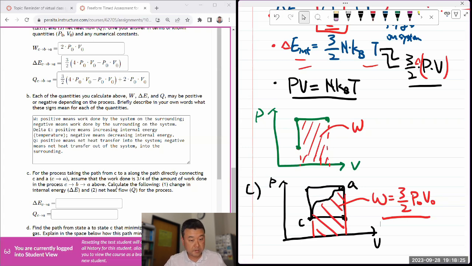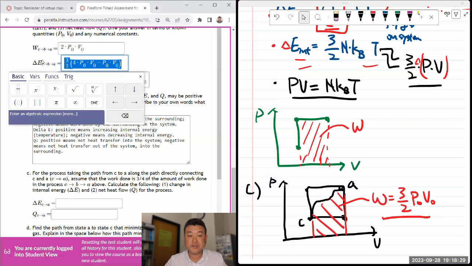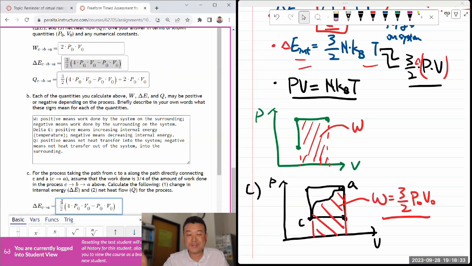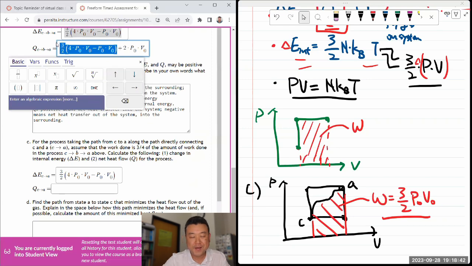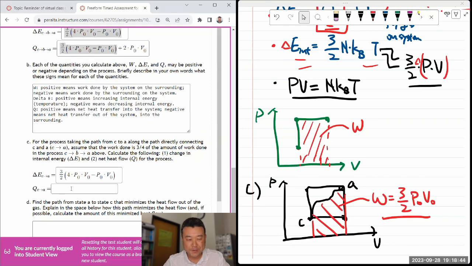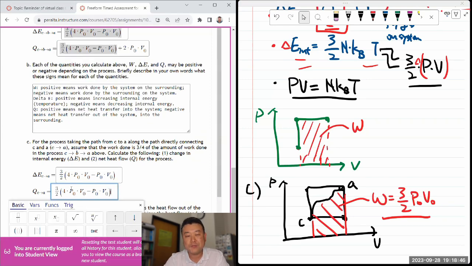Calculate the change in the internal energy. That's exactly the same. It didn't change because internal energy is a state function. What state function means is that as long as your endpoints are the same, nothing's changed. So as much as the phrase state function bothers me, it shouldn't really, because it is a useful problem solving tool.